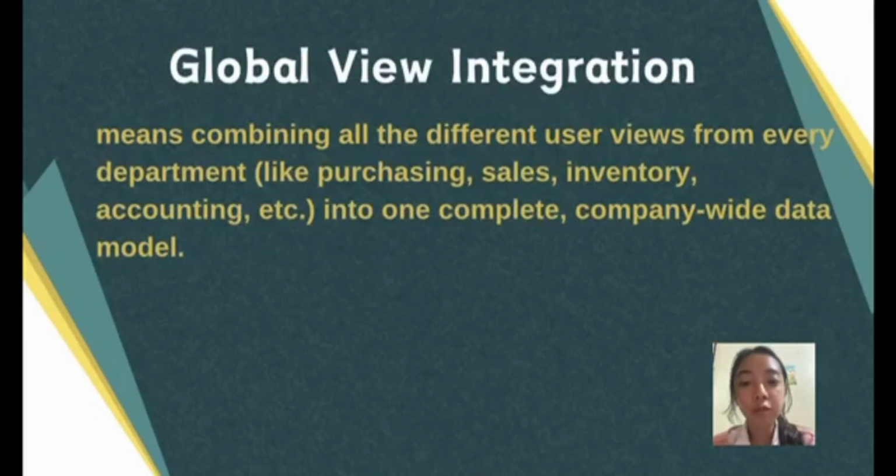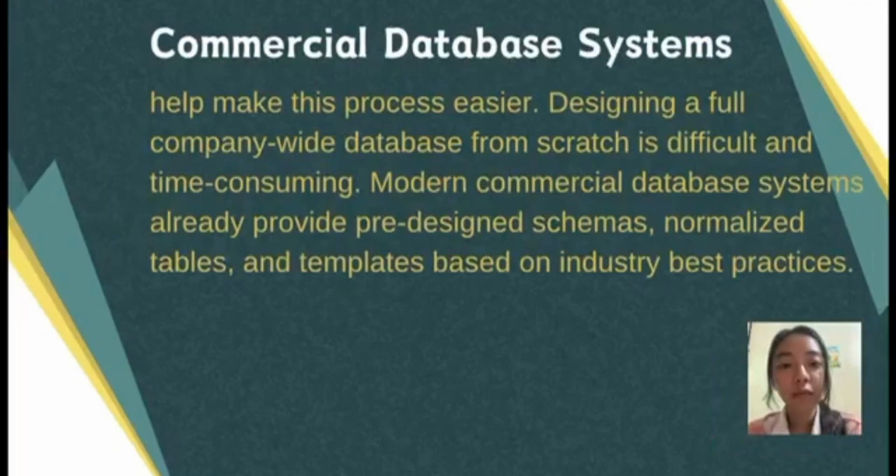Global view integration means combining all the different user views from every department, like purchasing, sales, inventory, accounting, etc., into one complete company-wide data model. Commercial database systems help make this process easier. Designing a full company-wide database from scratch is difficult and time-consuming.